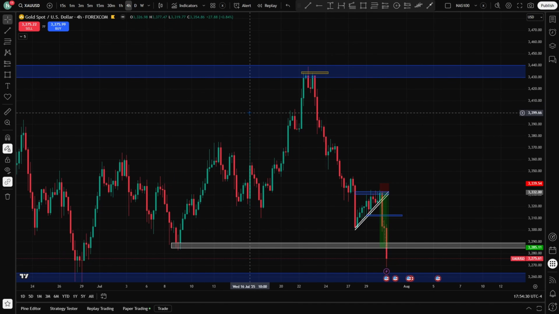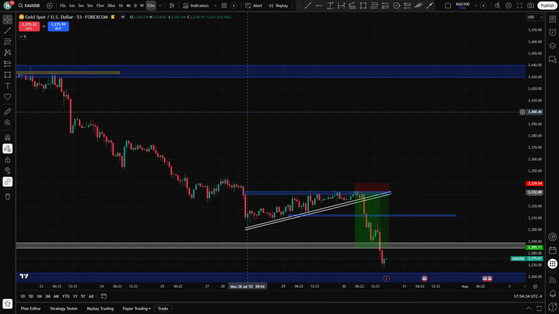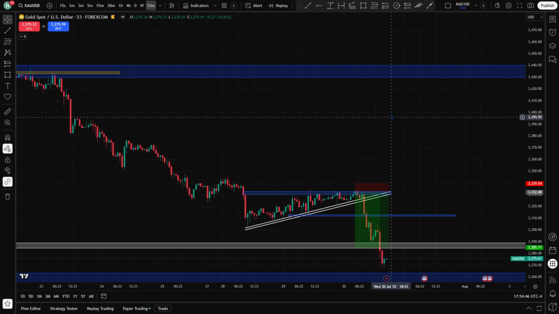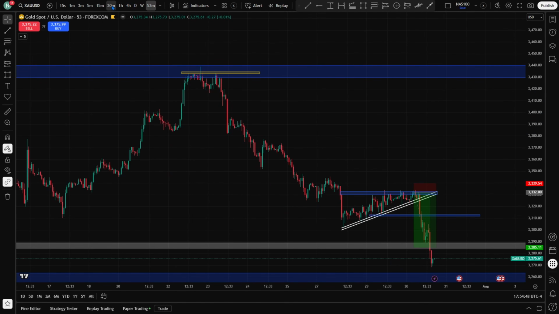You can just type 53 minutes, and boom, you got 53 minutes there. You can do 75 minutes or 22 minutes. You can click whatever interval you want to adjust to that time frame.